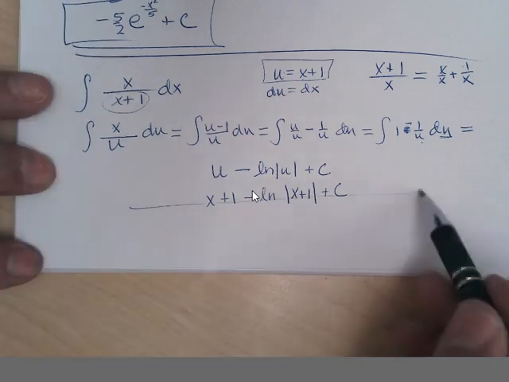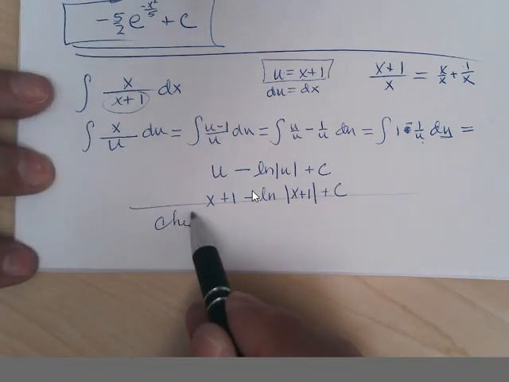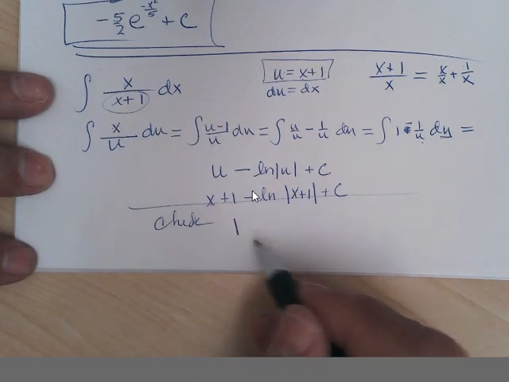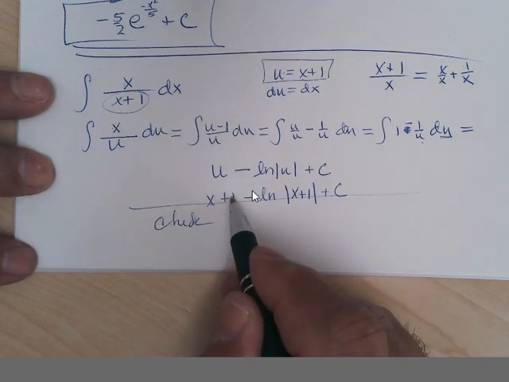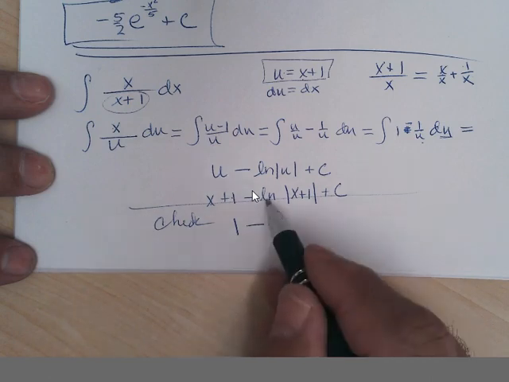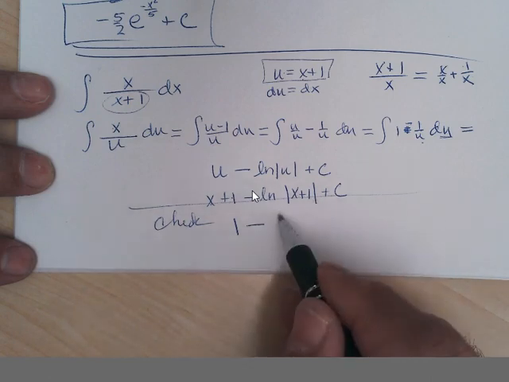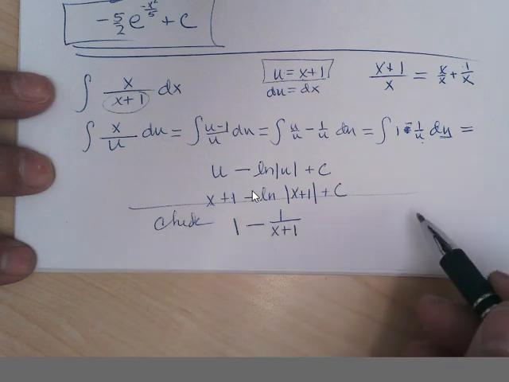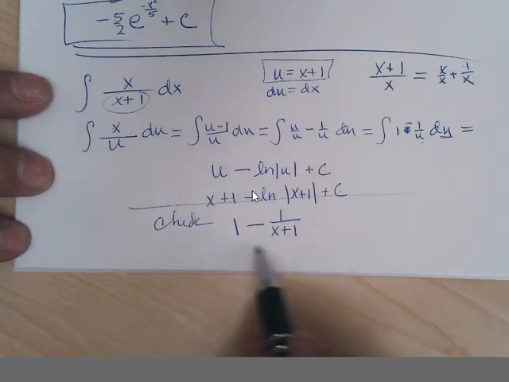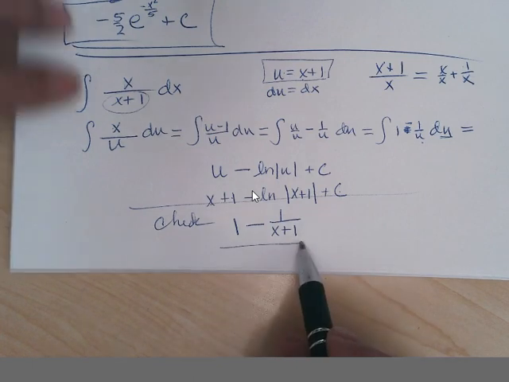If I wanted to do a check, the derivative of x is 1. The derivative of 1 is 0. Minus the derivative of ln of something is 1 over the something. And the derivative of c is 0. Oh, wait a minute. This doesn't look like that.